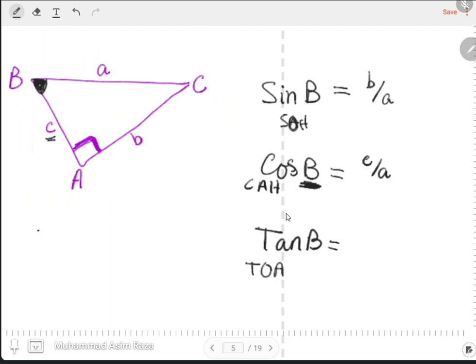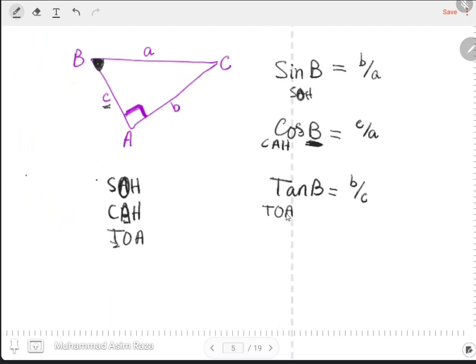You can quickly recall this as SOHCAHTOA. So tan is opposite over adjacent. Opposite of B is small b and the adjacent is C.